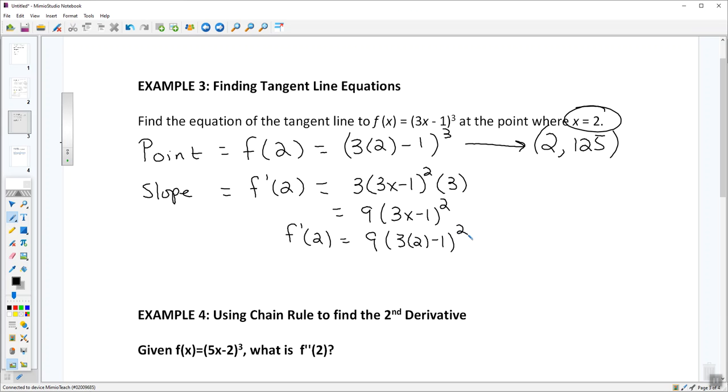So what's this really, 25 times 9 when I plug 2 in? And 25 times 9, I'll tell you, is 225. So, sounds like to me, we're passing through which point? What comma what? 2 comma 125 with a slope of how much? 225.